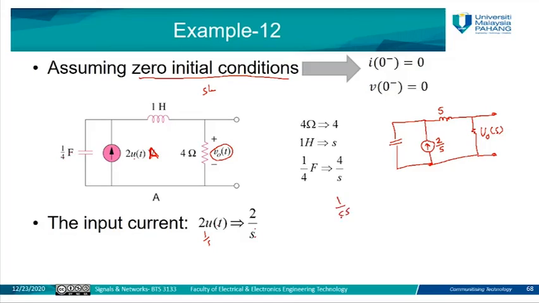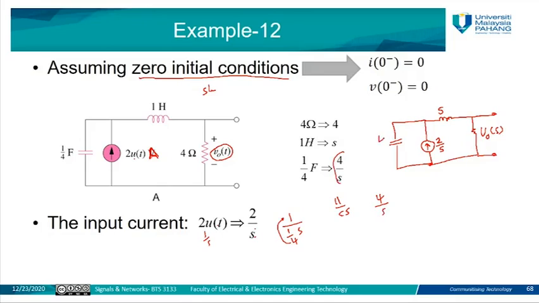What is C here? C is equal to 1 over 4, so it becomes 1 over (1 over 4)S. The 4 goes up to the numerator, so the value will be 4 over S.